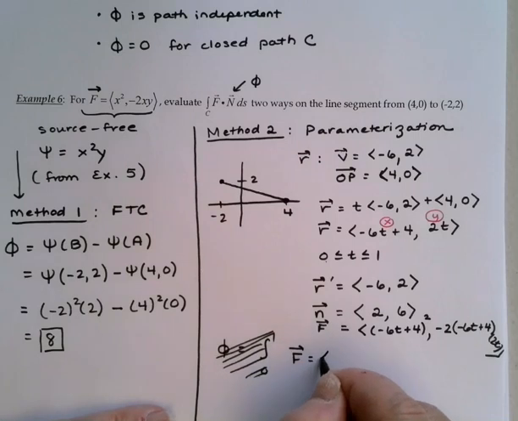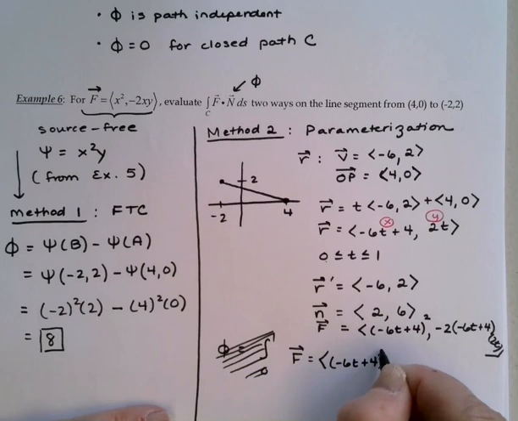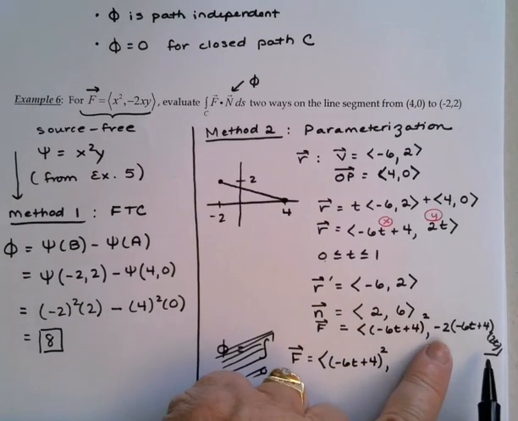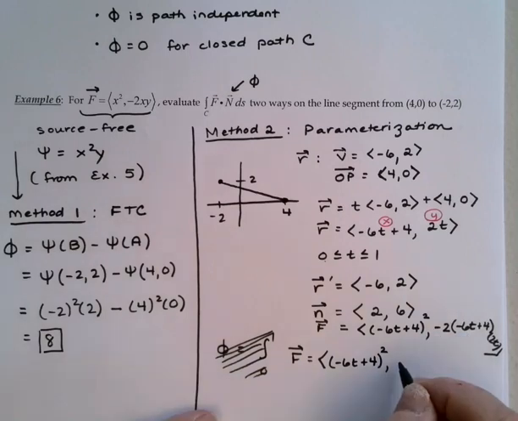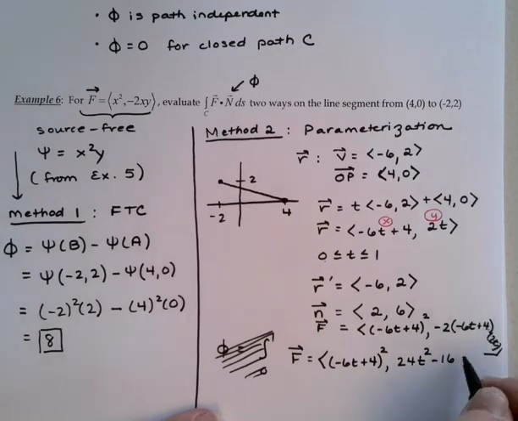I'll do a little bit of algebra and rewrite. It was (-6t + 4) squared. And then that's really a -4t right there. I'm going to distribute that in and make that 24t squared minus 16t.